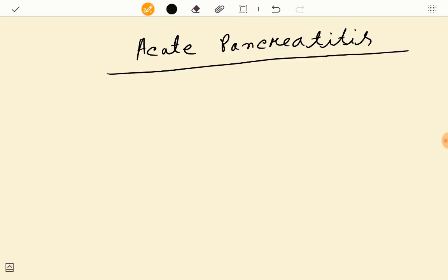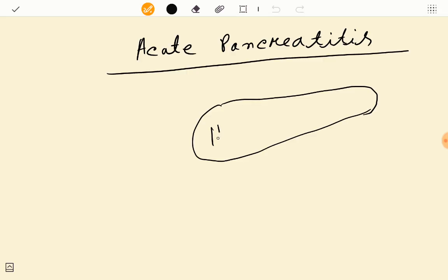In the same way, suppose this is a pancreas. This is the head, body, and tail of the pancreas, and this is the duct of the pancreas. This is called the ampulla of Vater, and this is the sphincter of Oddi.